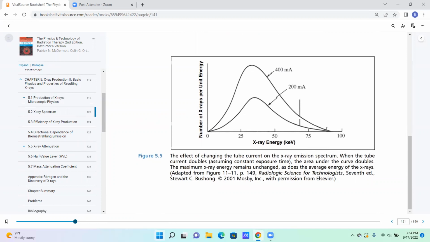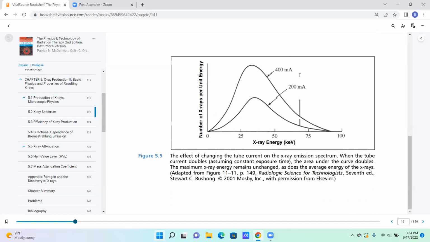The reason is the current, as it is doubled in this particular case, is only going to change the number of electrons that are coming to hit the target. The voltage is not being changed, so you're not going to see any change in terms of the energy spectrum of these X-rays.